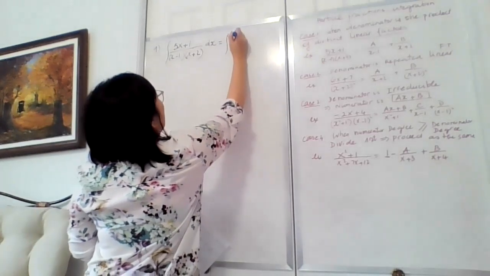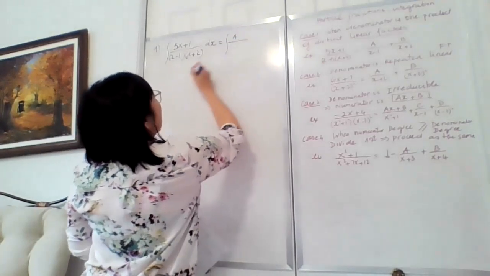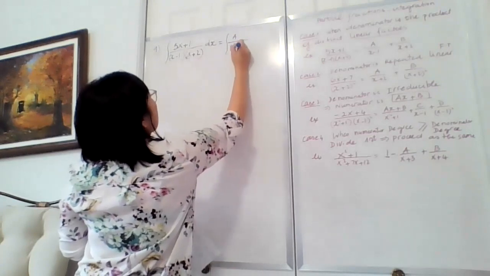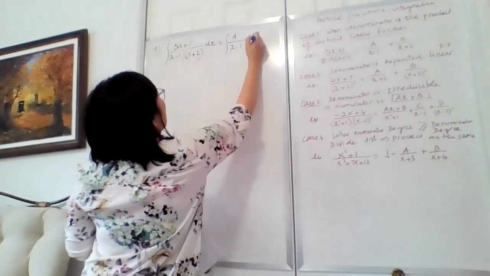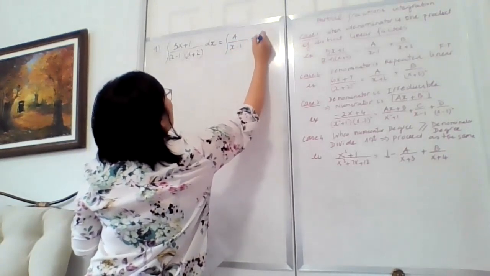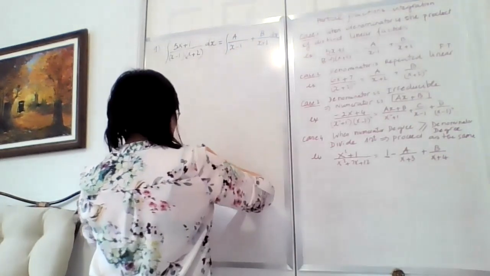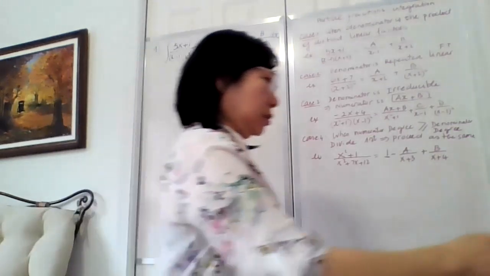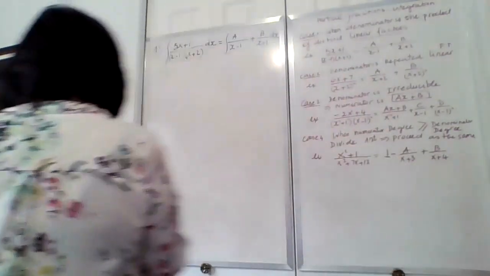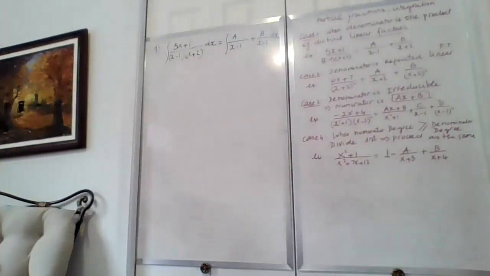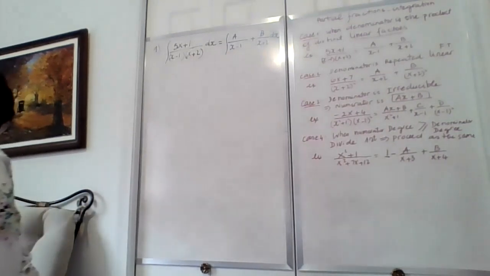I hope you can see the board. So that will become A, because I don't know what goes on the top, over x minus 1, adding with B over x plus 2, and dx.